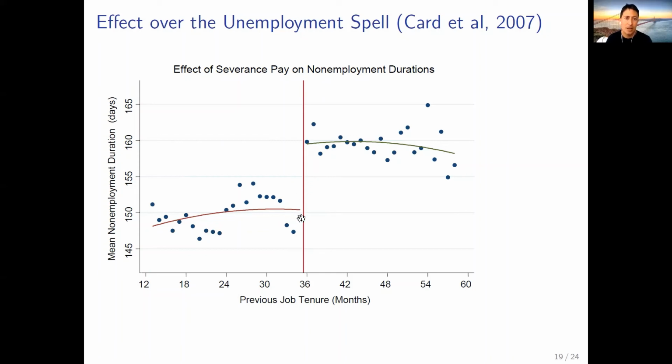People that get the severance payment spend around 10 more days unemployed. Then they use this empirical evidence to inform public policy, as we discussed before, but I'm not going to go over this because we don't have time. That's just showing another type of empirical work that you can do to get the causal effect of the reform, which is very important to inform these policies.